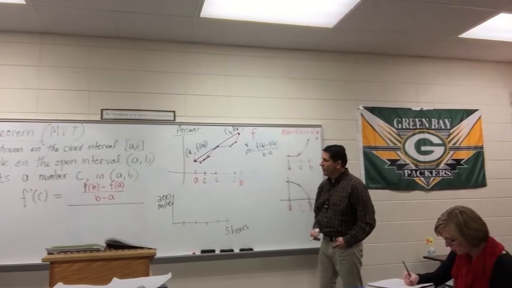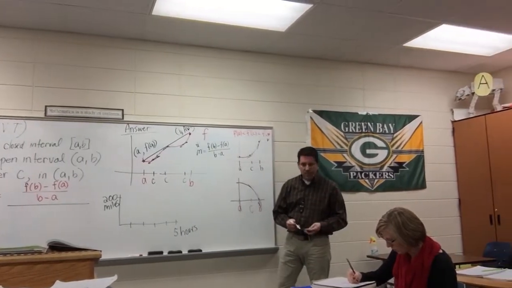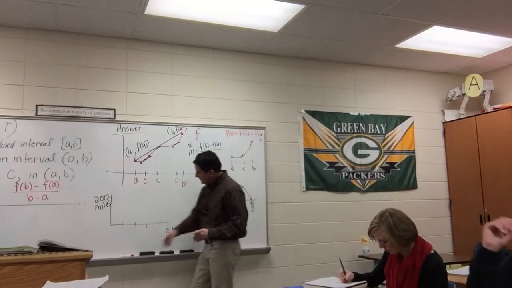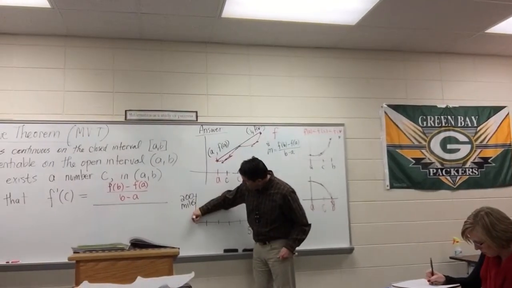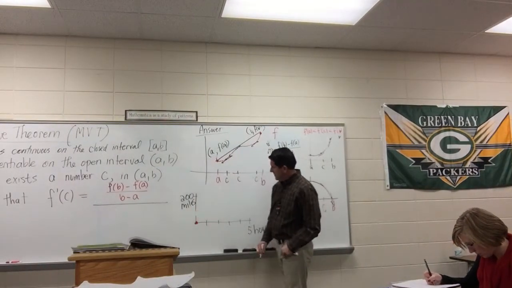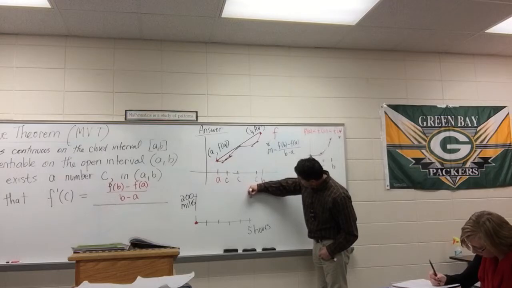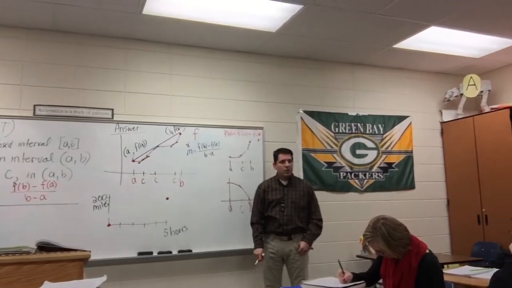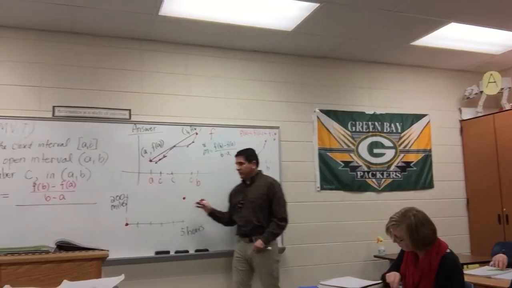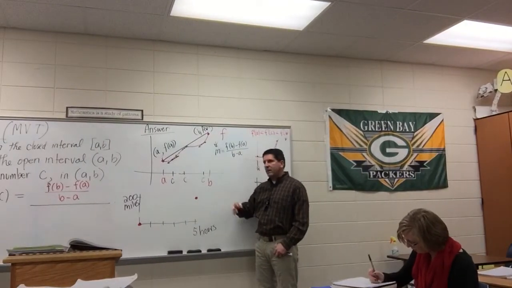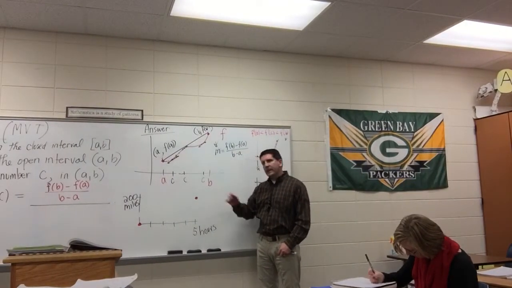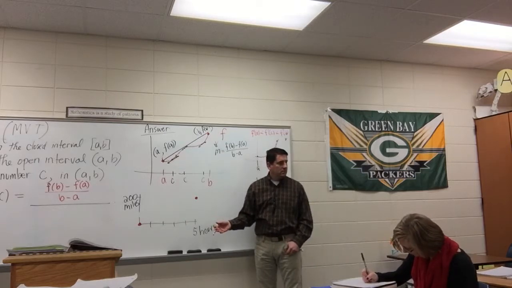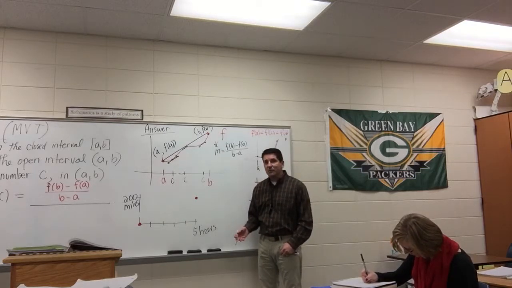So if I were to plot my trip, I start off at home, and I know that eventually I end up here. The function that I graph is how far I am away from home at any given moment. Is it continuous?